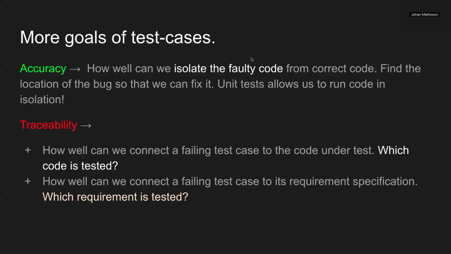All right, accuracy. If you have a unit test that tests one method, you have higher accuracy because you can isolate the fault pretty well. For the add function, for example, if we can exercise it directly, we probably have very high accuracy.